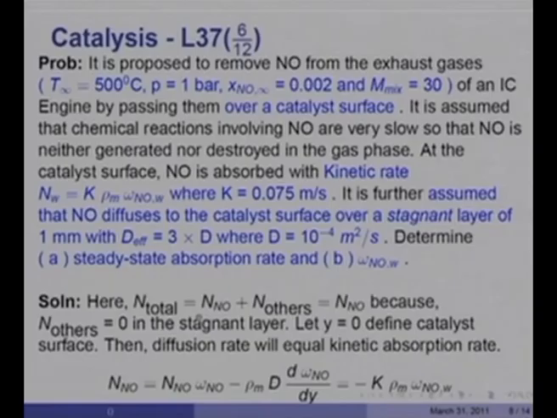So, N others is 0, because NO is the only one that is diffusing, whereas the other species simply do not diffuse, and let y equal to 0 define the catalyst surface, then diffusion rate will equal the kinetic rate. And what will be the diffusion rate? N NO in equal to N NO omega NO, which will be the convective rate, and this will be the diffusion rate out.